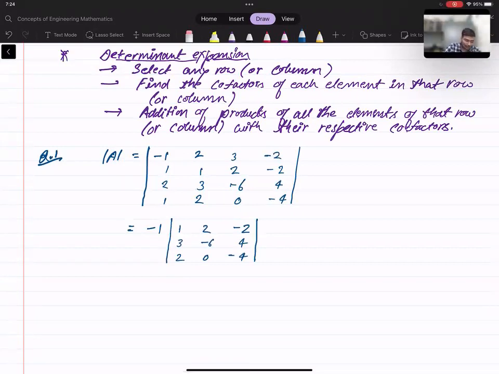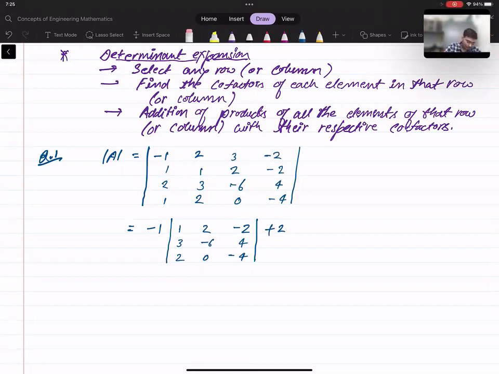Then we will move to the second element, and here we need to add. So this will be 2, and since this is the element a12, say, here -1 raised to power 1 plus 2, that is -1 to power 3, that is -1.